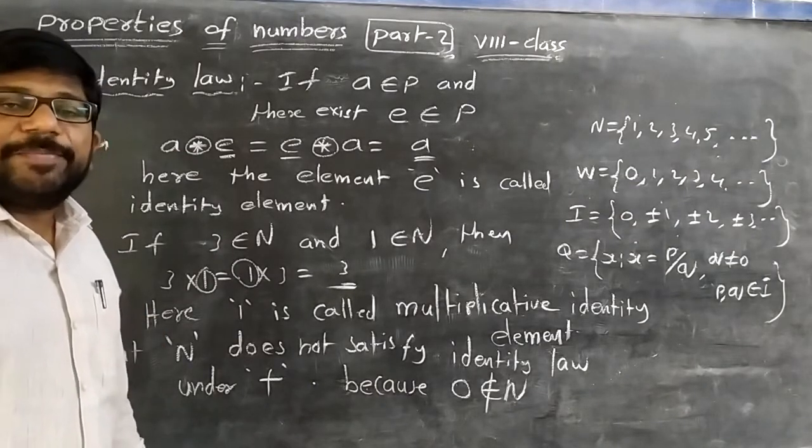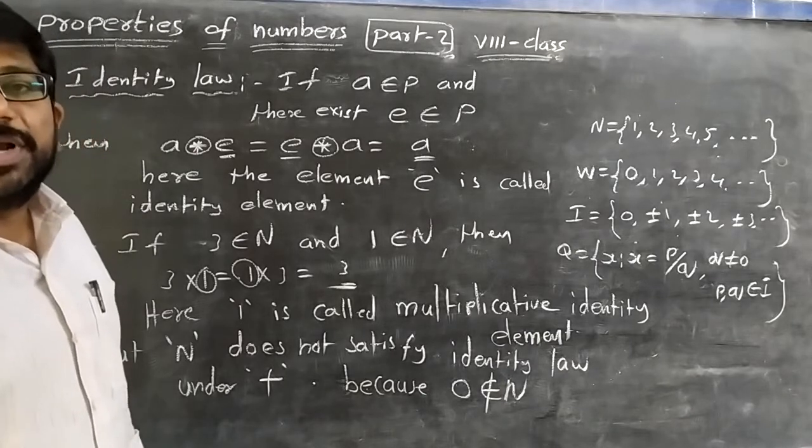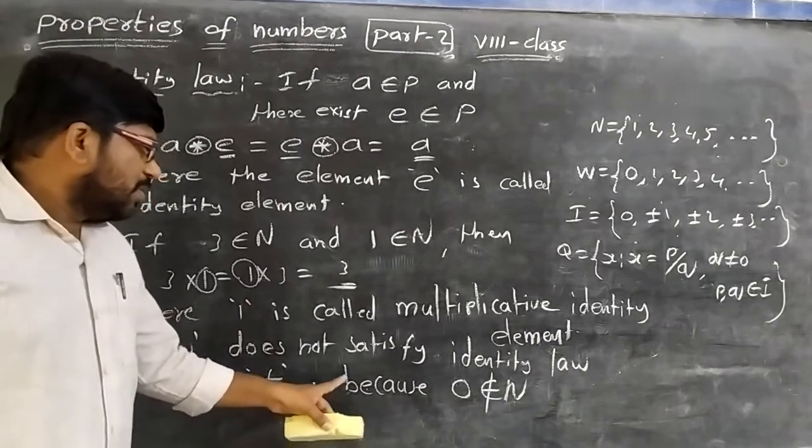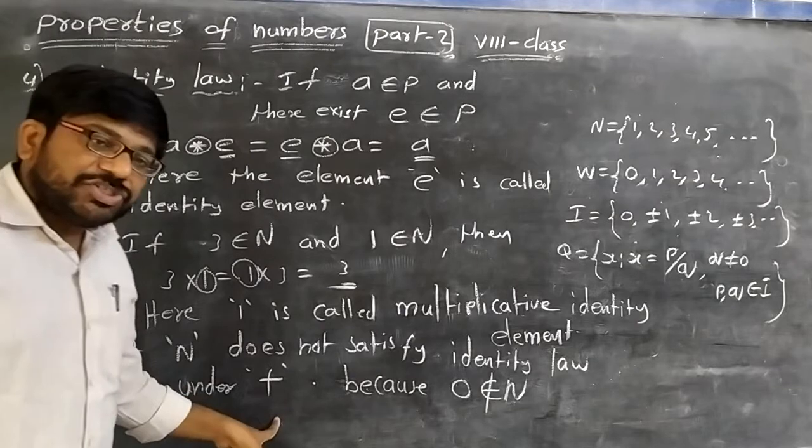So that's why the set of natural numbers does not satisfy the identity law under addition, right?